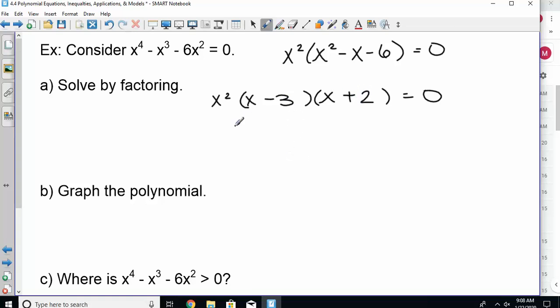Okay, if we set each of these equal to 0, what would make this equal 0? 0, since it was squared, that's multiplicity 2. x minus 3 would give us a 3, and x plus 2 would be negative 2.